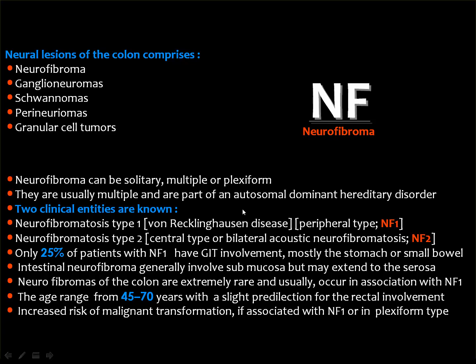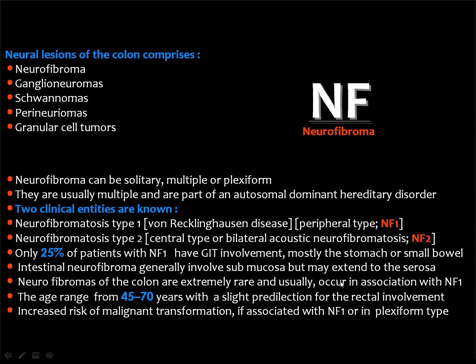You know that we have two types of neurofibromatosis: neurofibromatosis type 1, which is known also as von Recklinghausen disease, or the peripheral type, and neurofibromatosis type 2, or the central type, or the bilateral acoustic neurofibromatosis type.